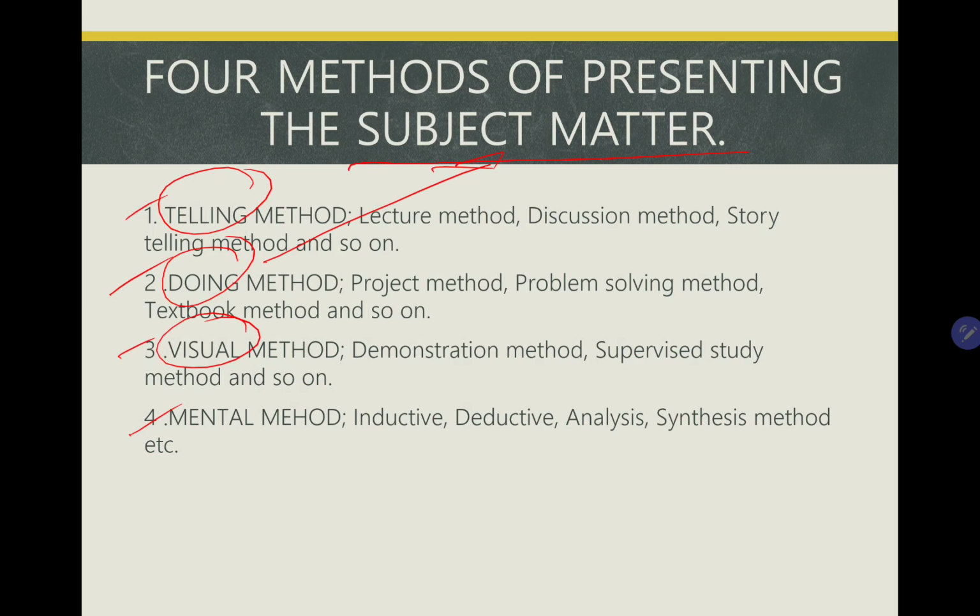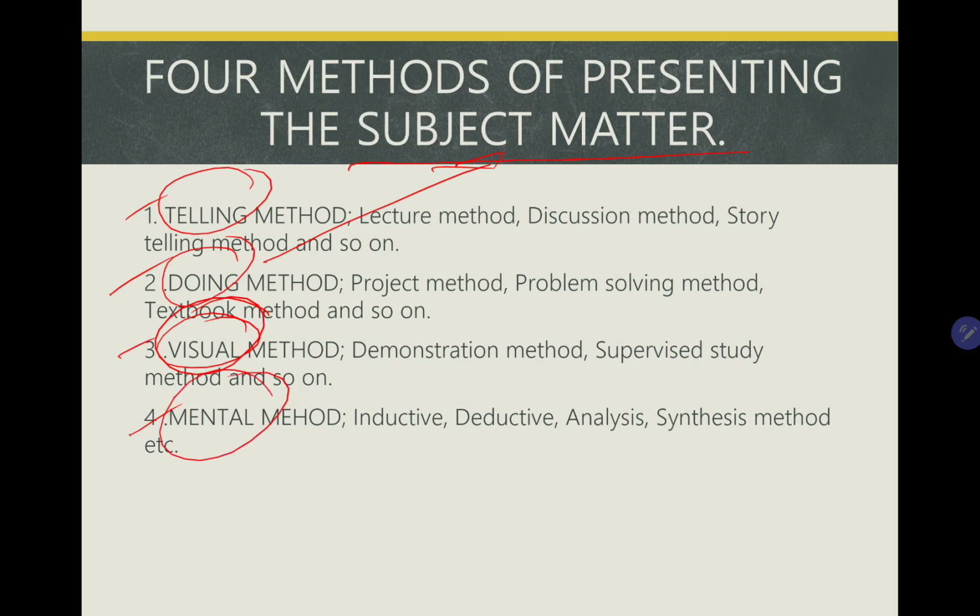Next is visual method, in which case the teacher is going to perform the task. As an example earlier, I asked you to get your siblings and then teach them or condition them to do something. In a visual method, I would be the one performing that task. So I would get my brother or sister and I'm going to condition them to do something.